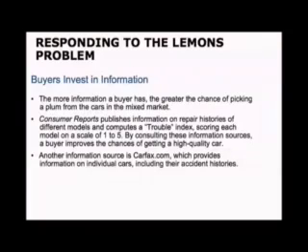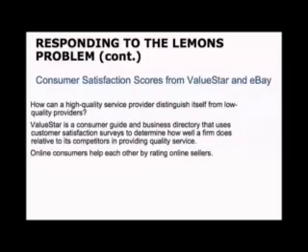Well, one of the solutions is buyers invest in information. They look at consumer reports. For cars, they look at Carfax, which gets information about individual cars and their accident histories, and get some idea of whether it's a good car or a bad car. We also see customer satisfaction scores from ValueStar and eBay so that buyers have some idea whether they're buying from a good seller or not.